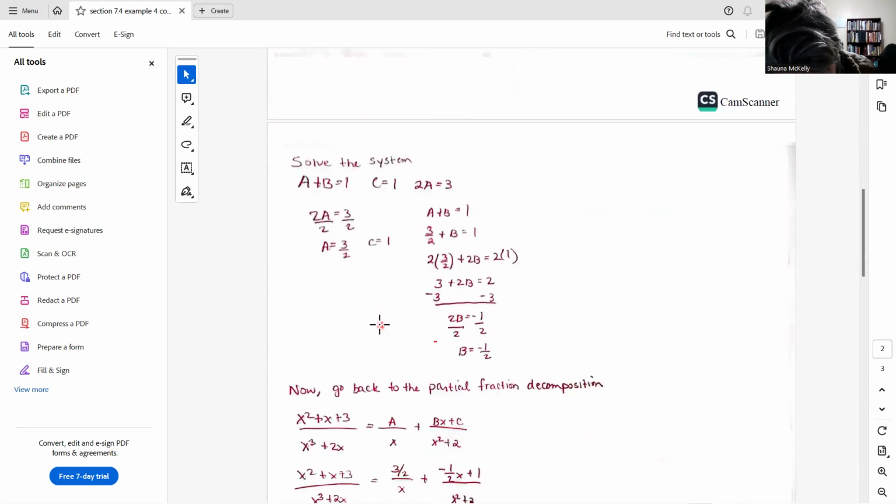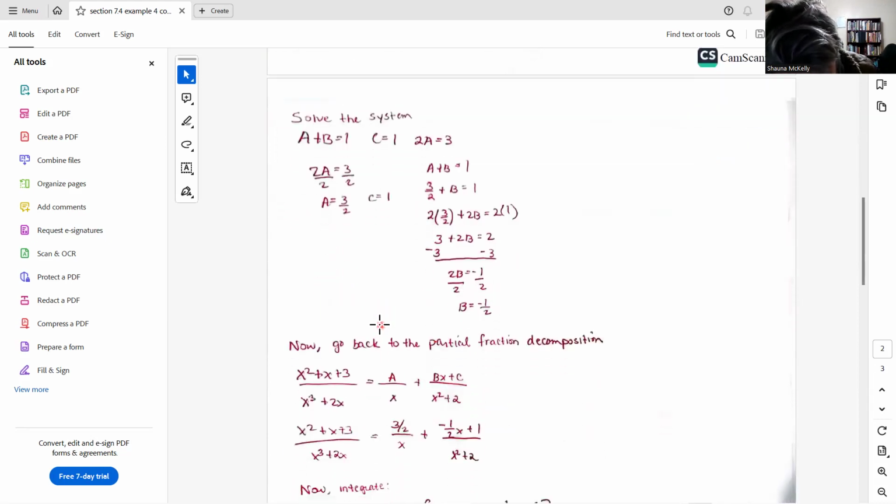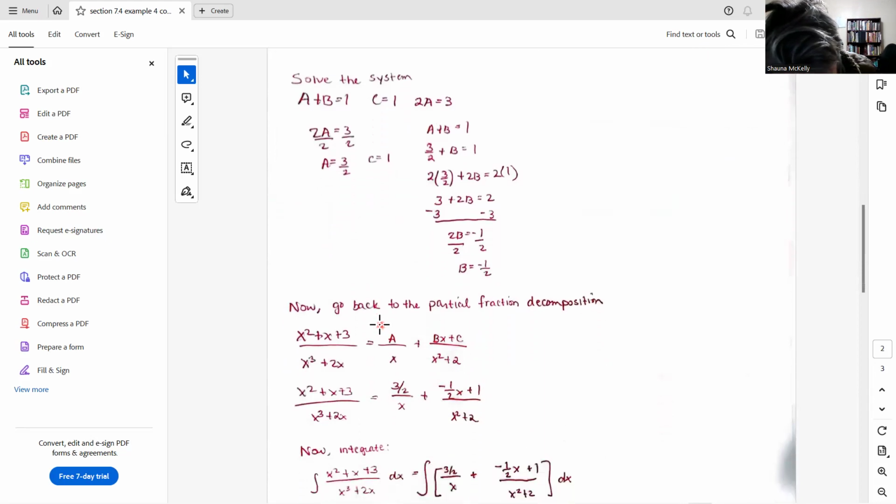So now I go back to my partial fractions. Notice I haven't integrated yet. I'm getting ready to, but I'm setting up my partial fractions still. Here, what's A? A is 3 over 2. So 3 over 2 over x plus, I just used the default plus. You could just use a minus, but I didn't want it to be confusing to you.